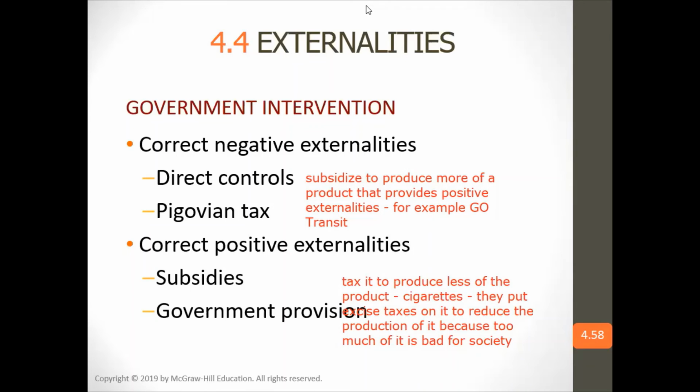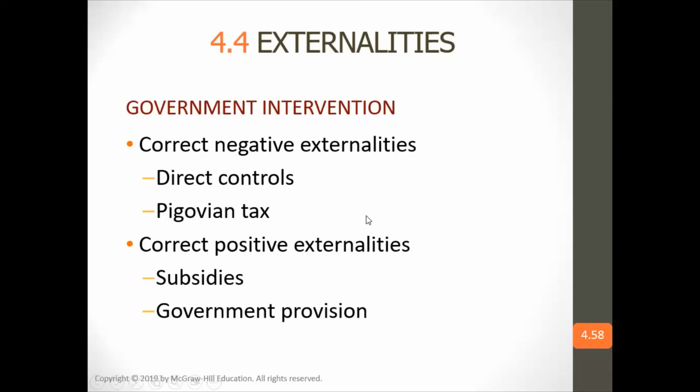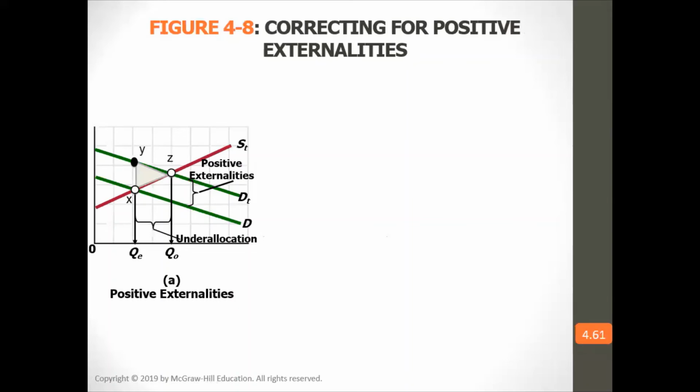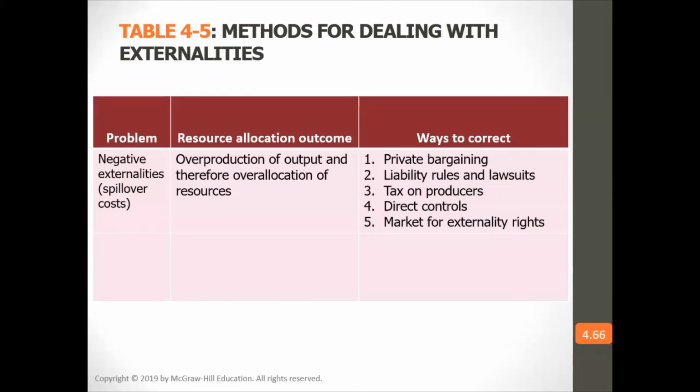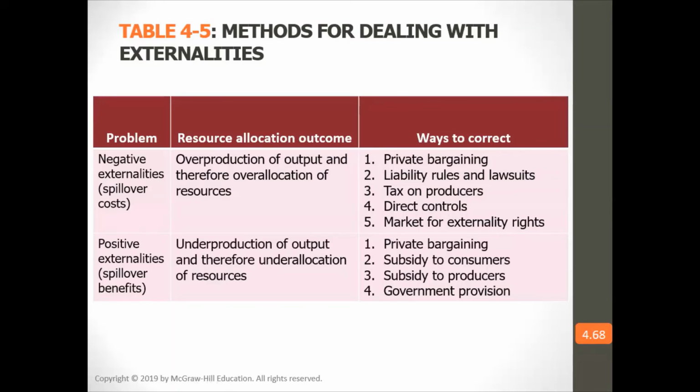So, correcting negative externalities, we do that through taxation. Positive externalities, we do that through subsidies. Negative externalities cause overproduction of output and therefore over-allocation of resources. They can correct that through private bargaining, liability rules and lawsuits, taxing producers, direct controls, and markets for externality risks.